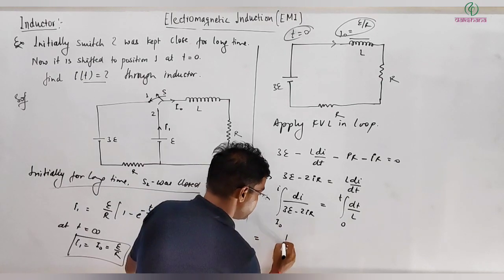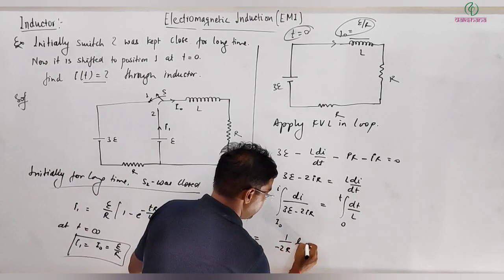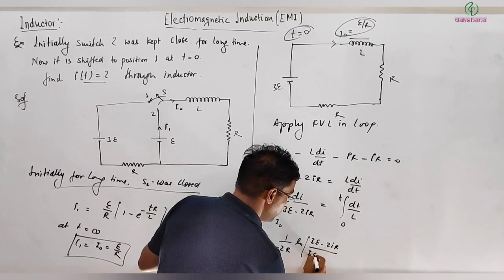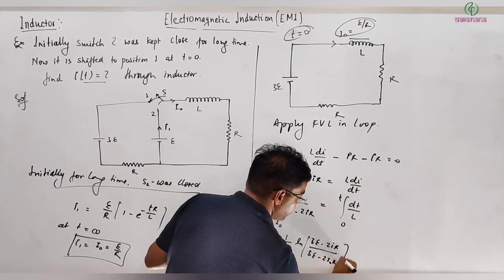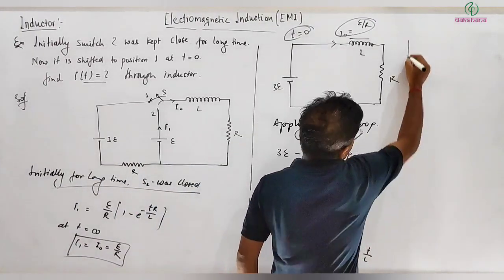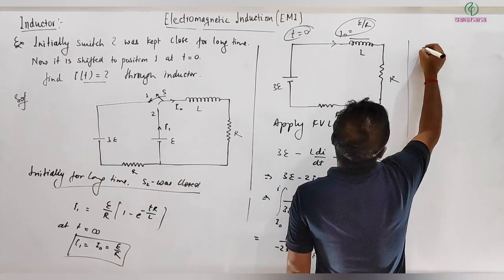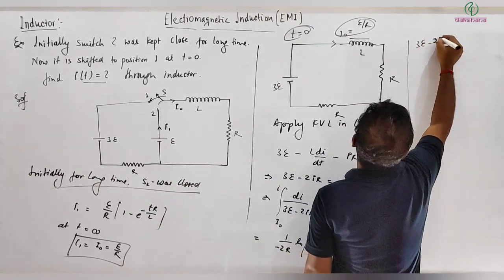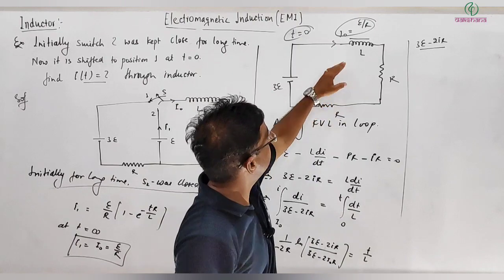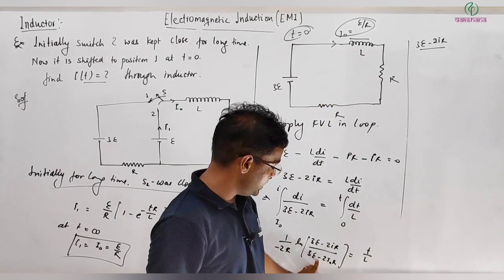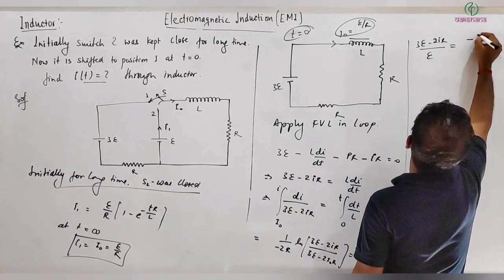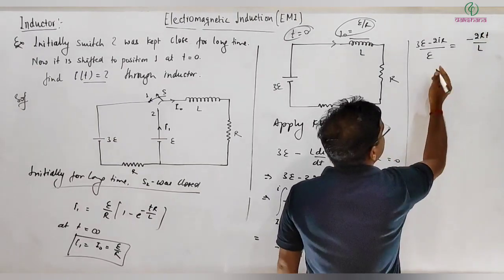So integrating it, we are getting minus 1 by 2R ln of 3E minus 2IR divided by 3E minus 2I0 R, equal to t by L. Simplifying it further, substituting I0 is E by R, so 2E by R, 3E minus 2E means it's E, and this side we are getting minus 2Rt by L.